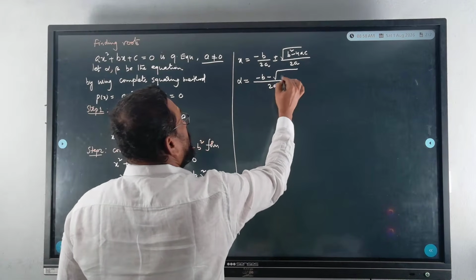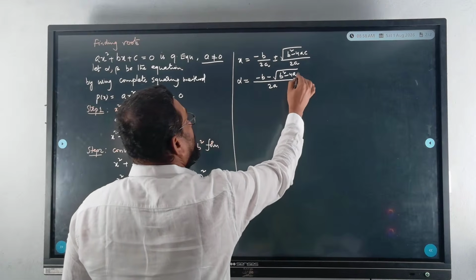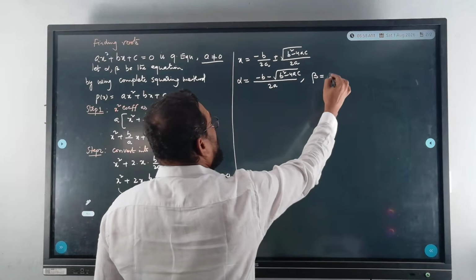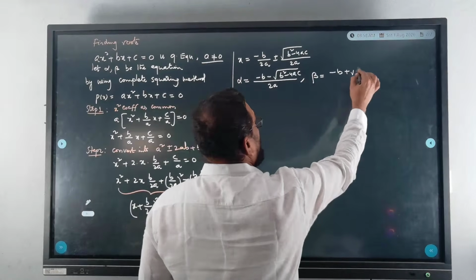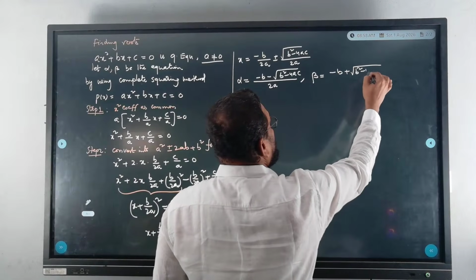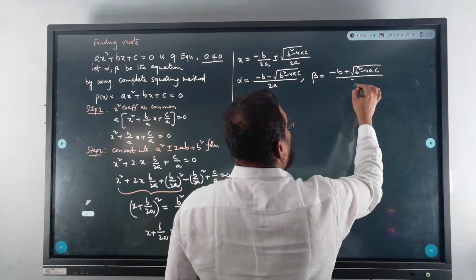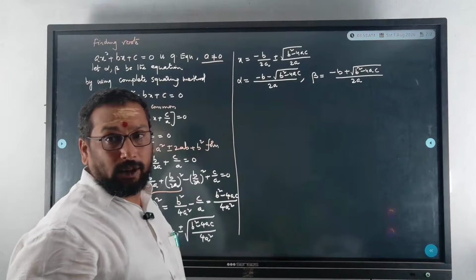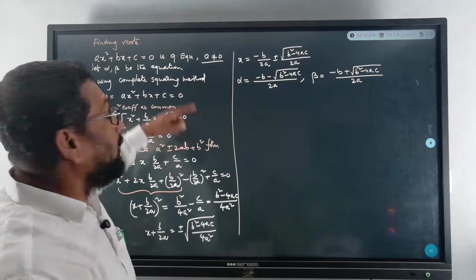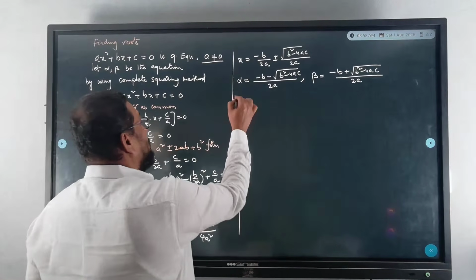Beta is equal to minus b plus root over b square minus 4ac by 2a. So these are the roots. So finding roots.